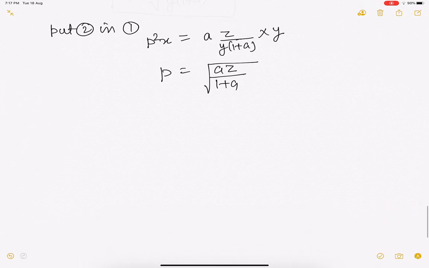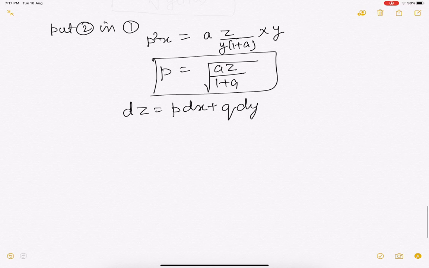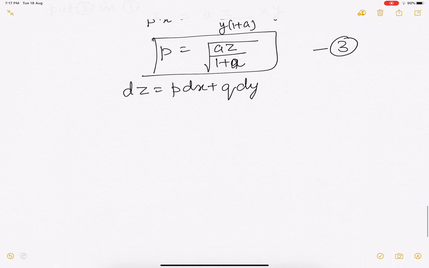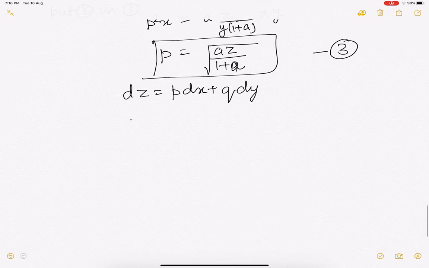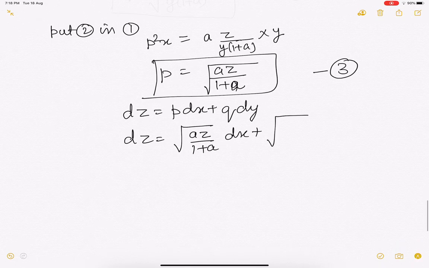Next step says we have to put the values in dz is equal to p dx plus q dy. Which values are we putting? We are putting the values of 2 and 3. We get dz is equal to root over az upon x(1 plus a) dx plus root over z upon y(1 plus a) dy.